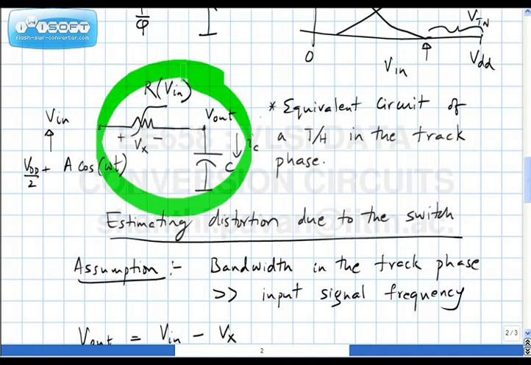For example, let's say you are sampling a 30 kilohertz sine wave at 100 kilohertz, and there is some distortion in your sampling circuit. So it will produce 60 kilohertz as well as 90 kilohertz. 60 kilohertz when sampled at 100 kilohertz will look like 40 kilohertz. 90 kilohertz when sampled at 100 kilohertz will look like 10 kilohertz.